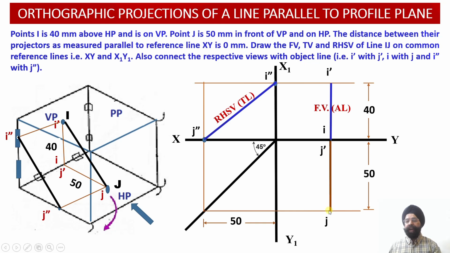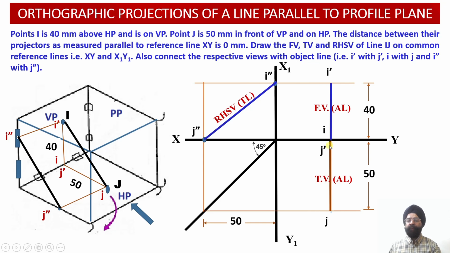Having joined the front view projections I dash J dash and the top view projections ij, another piece of information I have been able to obtain is that the front view projections reveal the apparent length of the line onto the vertical plane, that is I dash J dash.